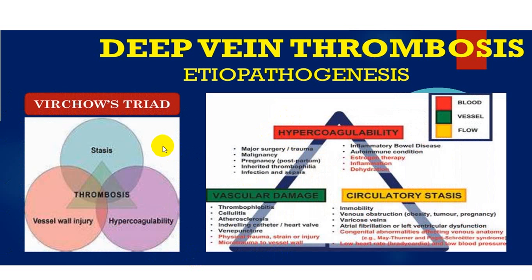We already mentioned the three groups: stasis, endothelial injury, hypercoagulation. In hypercoagulability: major surgery, trauma, malignancy, pregnancy, particularly the postpartum period, inherited thrombophilia, infections, sepsis, IBD, autoimmune conditions, oral contraceptive pills, inflammation, dehydration, etc. All these causes will give rise to hypercoagulation.